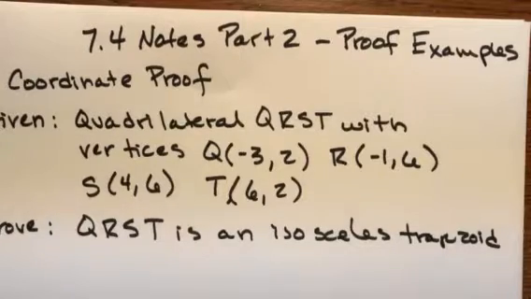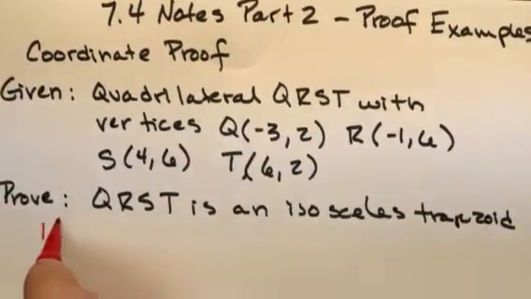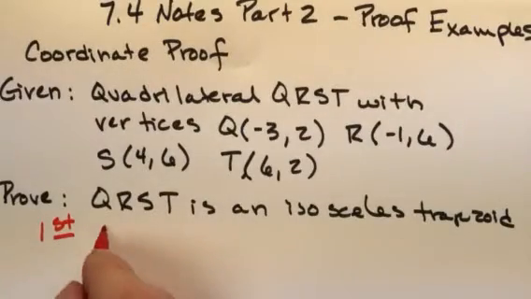Okay, I want to prove that this quadrilateral is an isosceles trapezoid. So in order to do that, there are 2 steps. First, I have to prove that it's a trapezoid.